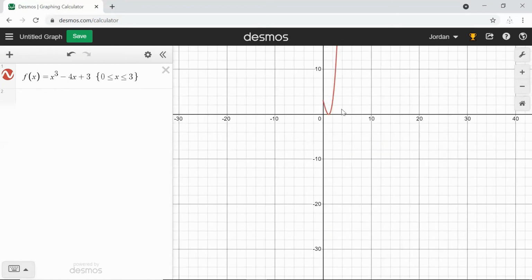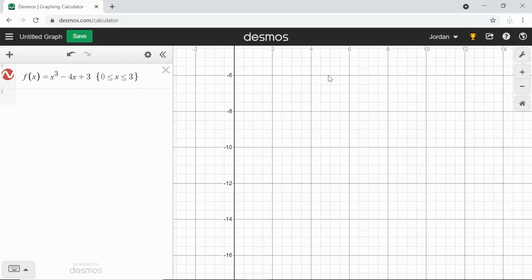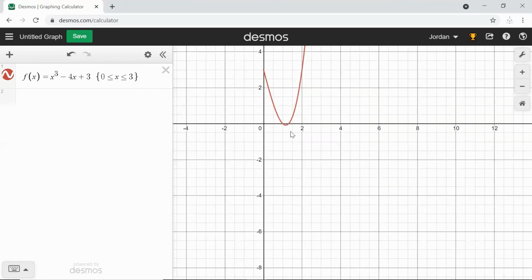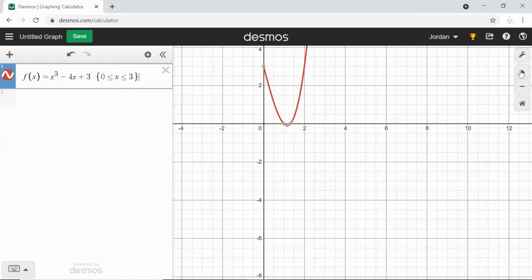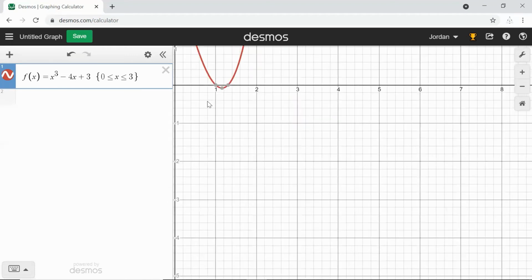The minimum point happens somewhere here. Desmos is nice in that it highlights the minimum point and it also highlights the zeros.